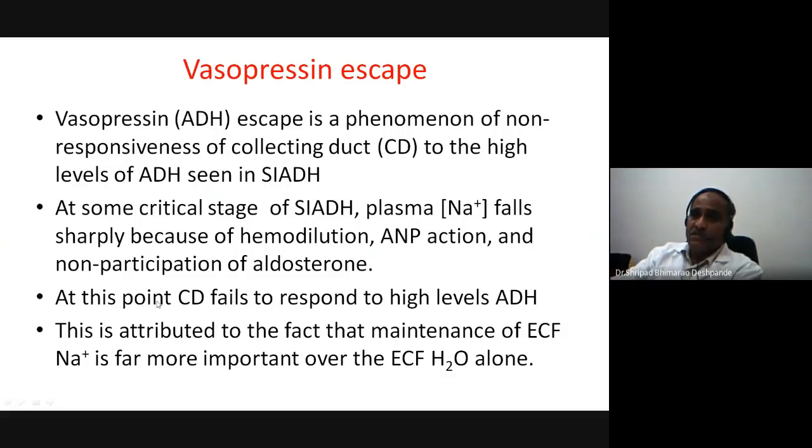Now, at this critical stage, the collecting duct fails to respond to the high levels of ADH, and this is attributed to the maintenance of sodium. Extracellular sodium is far more important than the maintenance of the water balance.